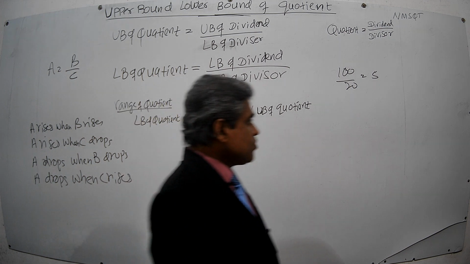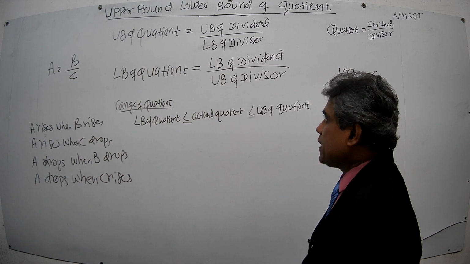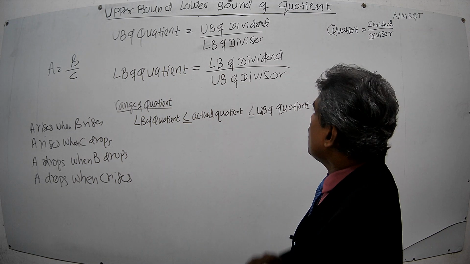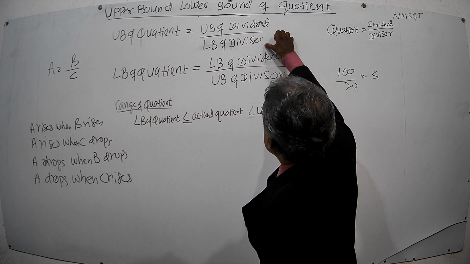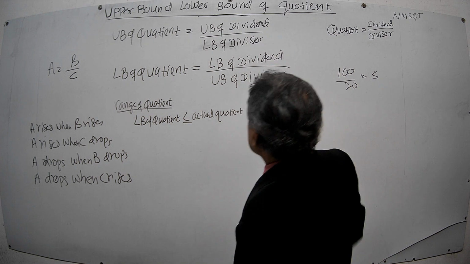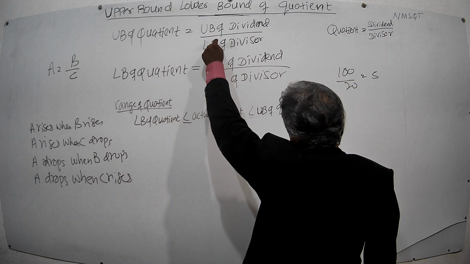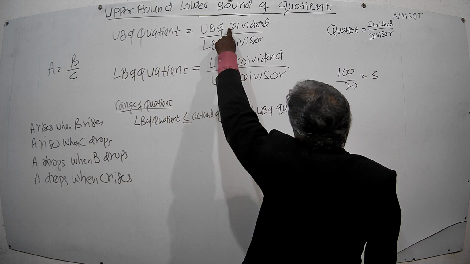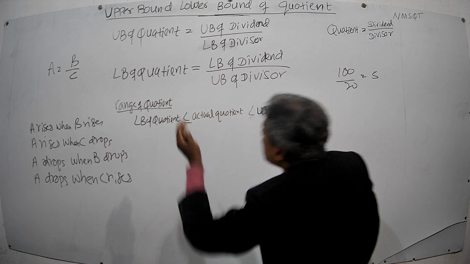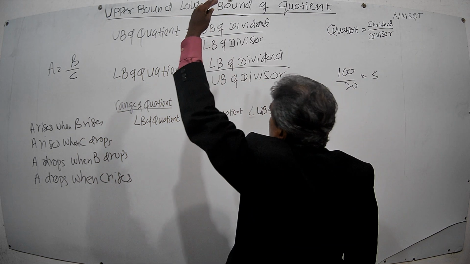Now, to find the upper bound of the quotient, you have to choose the changes in the dividend and divisor that have an increasing effect, because upper bound means it goes up to the maximum.